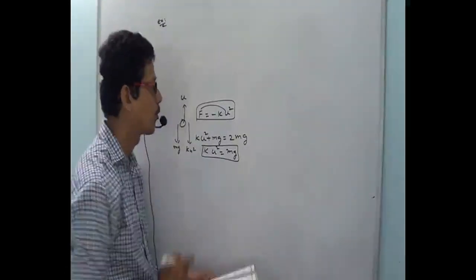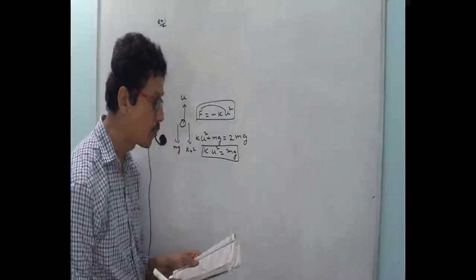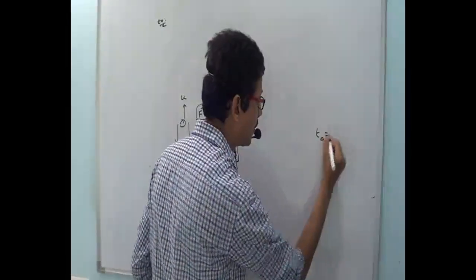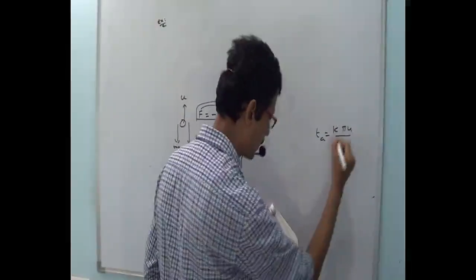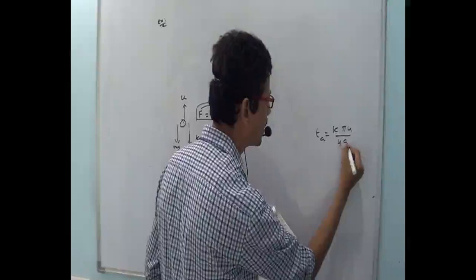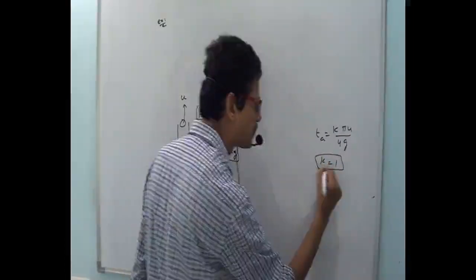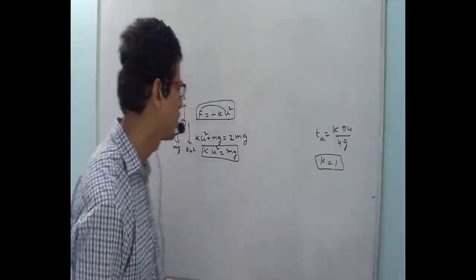So ku square I got, and then find the time of ascent. k కట్టాలి. టైమ్ ఆఫ్ ascent ఎంత ఇచ్చాడంటే k pi u by 4g. k వాల్యూ కట్టాలి. k వాల్యూ 1 వచ్చింది. Okay, k value actually answer is 1. K value is 1. Okay.